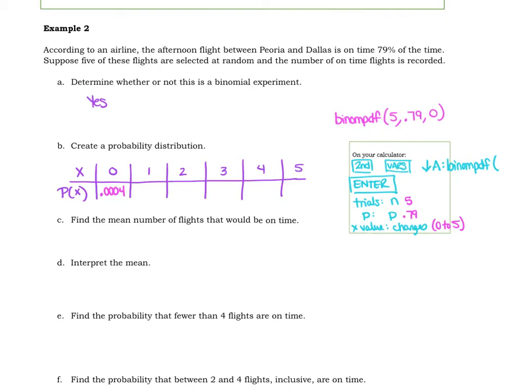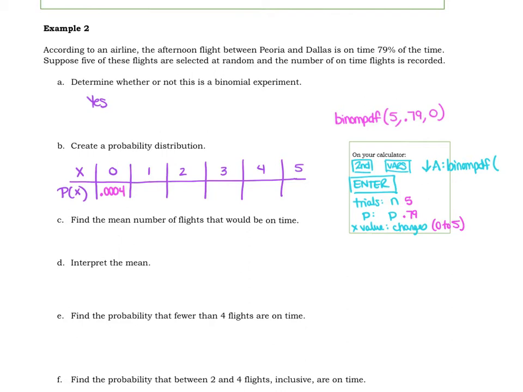Now you're going to do the same thing, but we want to do one flight now. So the 5 stays the same, the 0.79 stays the same. All we want to do is change the 0 to 1 flight. Before you go through that whole process again, let me give you a shortcut. Press the second key and then press enter. That is your copy and paste function.